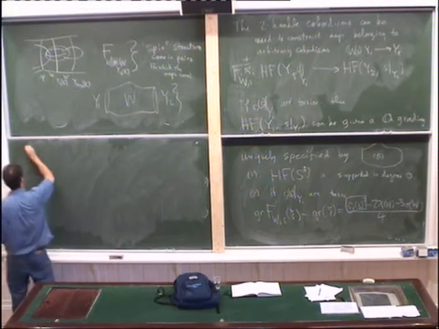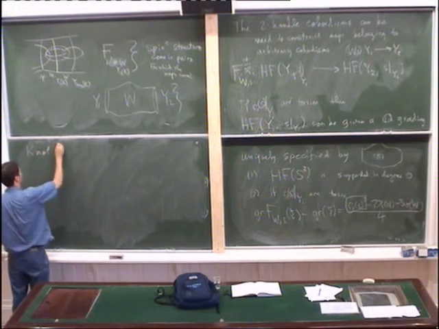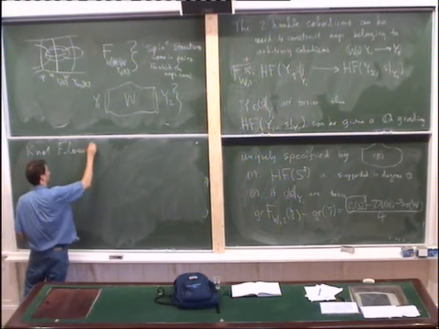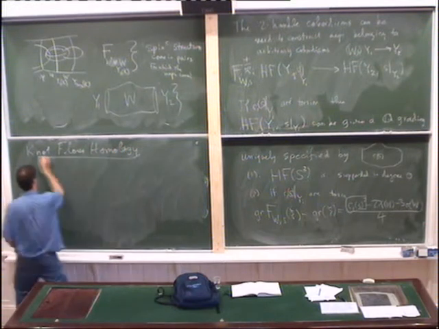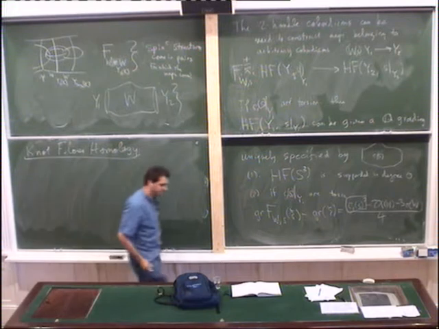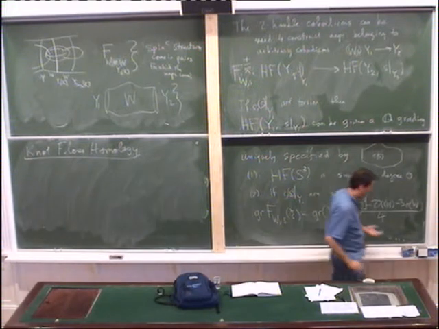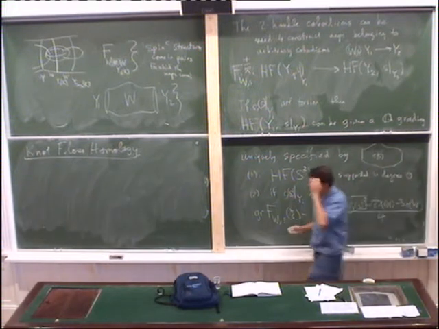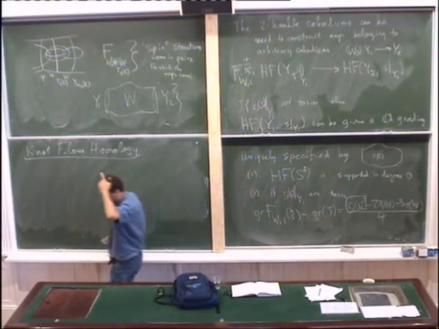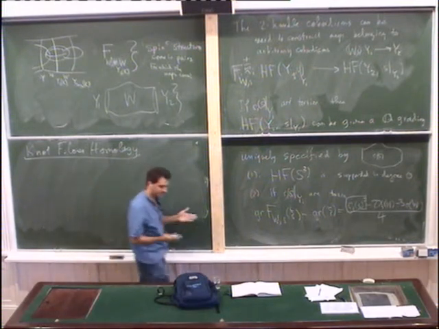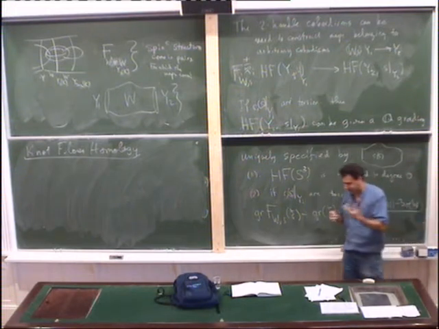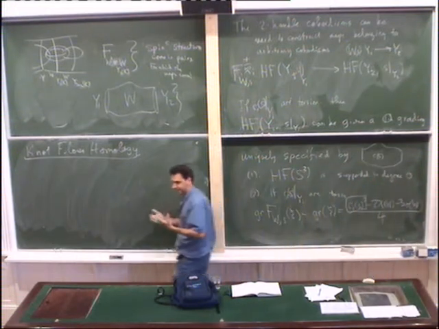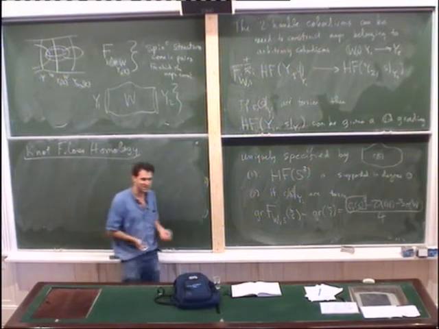So the thing I'd like to talk about now is not Floer homology. A lot of what we had seen so far in Floer homology was, at least one saw bits of it in its gauge theoretic ancestral home.